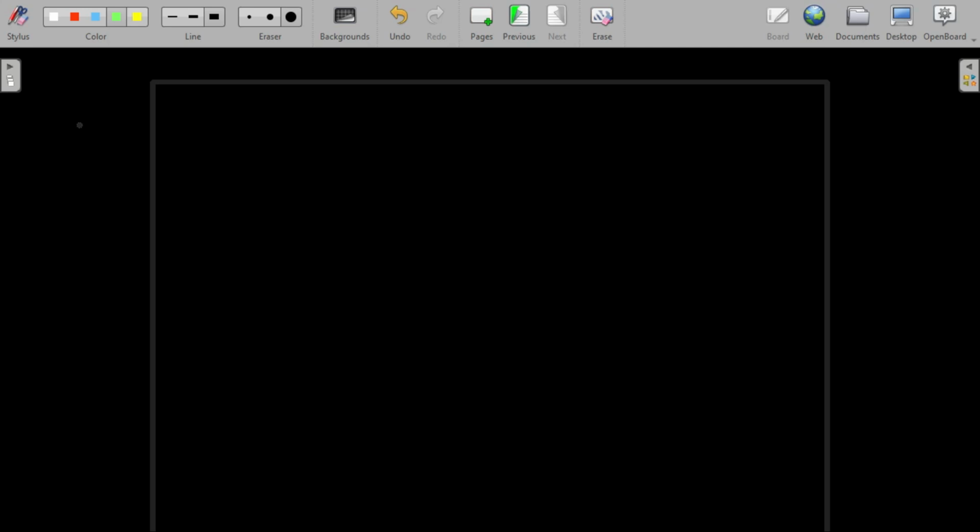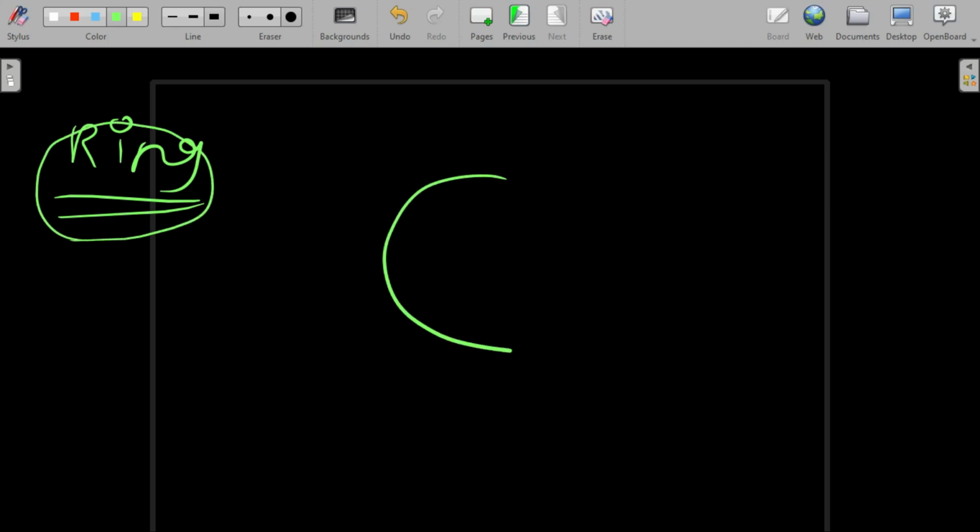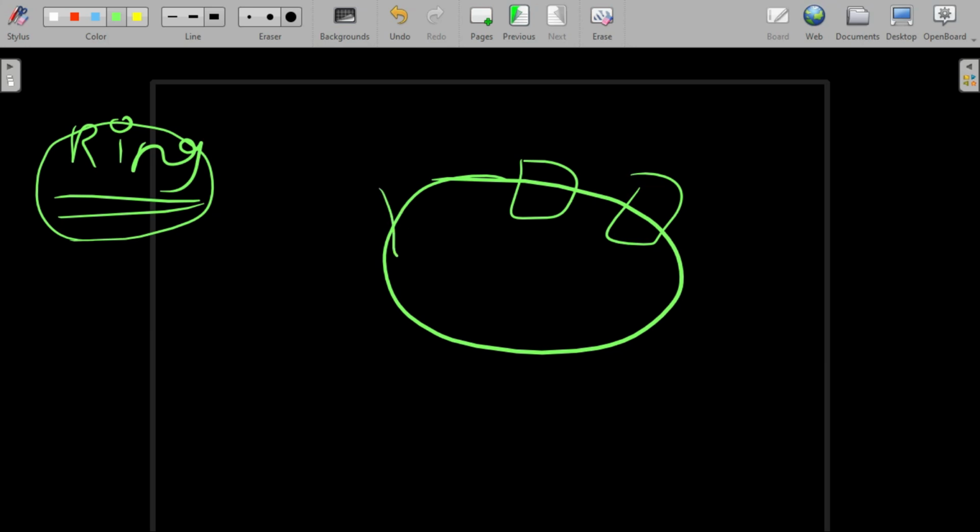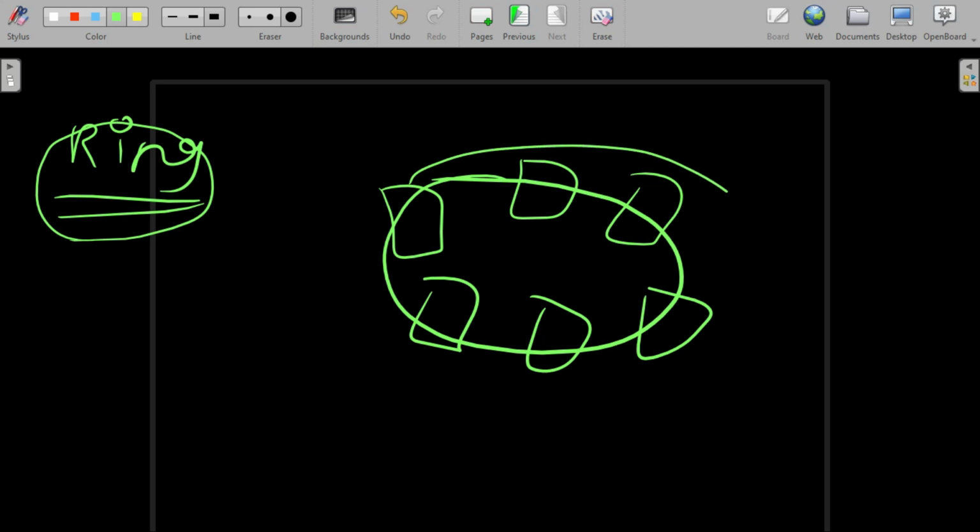So now let us see ring topology. Computers are connected in a circular shape, as the word ring means circular. Data moves around the ring. The diagrammatic representation of ring will look like this.